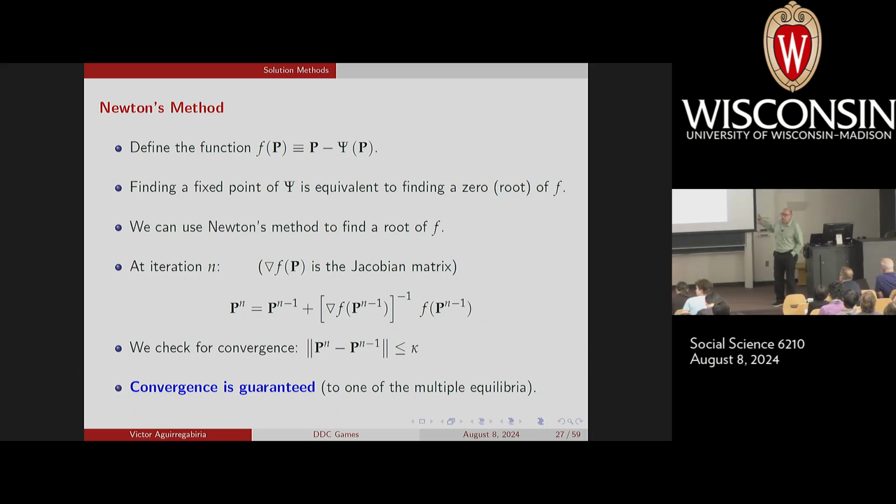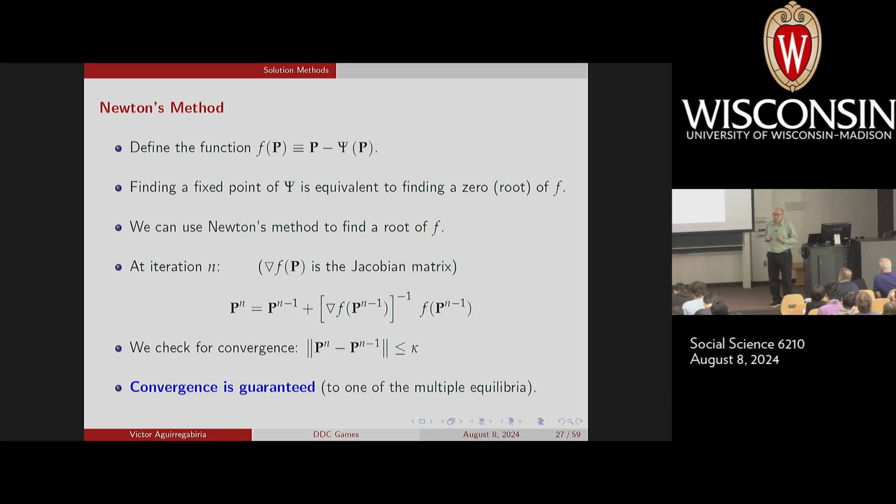Notice that what we need to calculate is the derivative of how the best response of a player changes in one particular action and state when we change the choice probability of another player in a particular action and state.